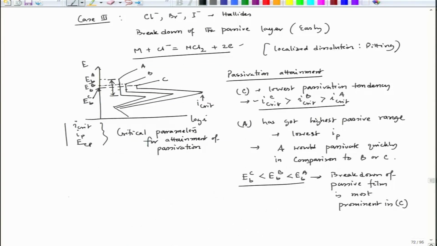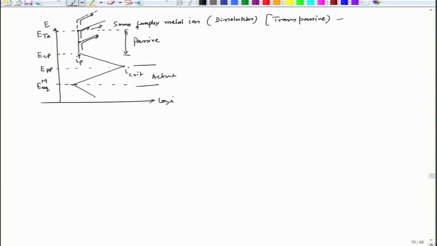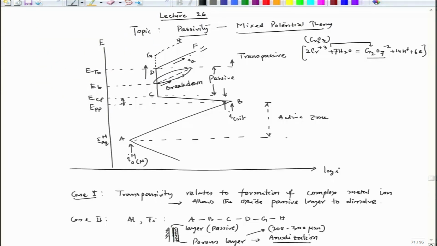So, we have to talk about ECP and EPP. This zone is a range of potential where I could experience a growth of metal oxide and complete coverage of the metal surface, and then finally we will achieve that situation where the rate of oxide growth is exactly equal to the rate of dissolution.